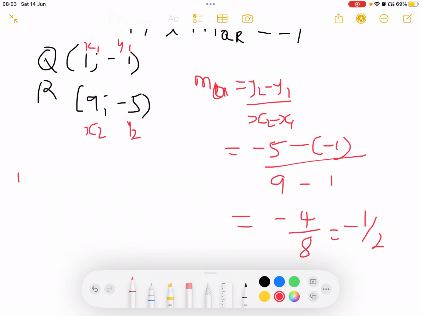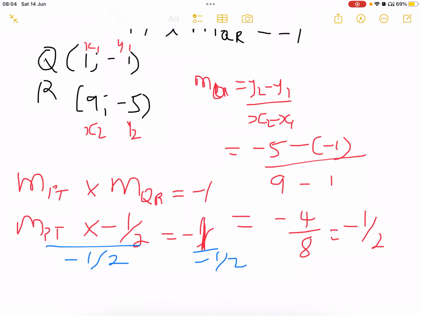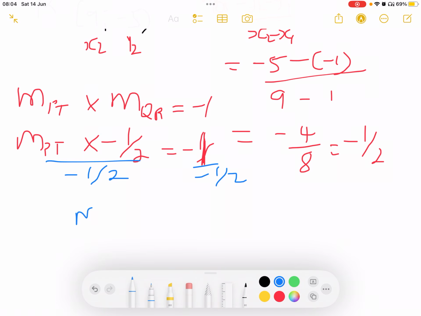We're not done, because we're looking for the gradient of PT, which when you multiply with the gradient of QR, you get negative 1. So the gradient of PT multiplied by negative a half gives us negative 1. If we divide both sides by negative a half, we get that the gradient of PT is equal to 2.